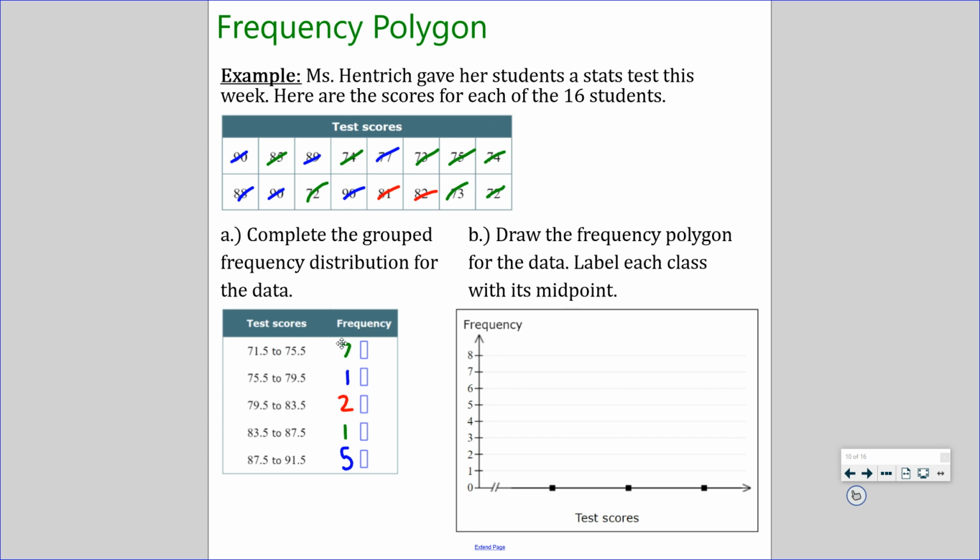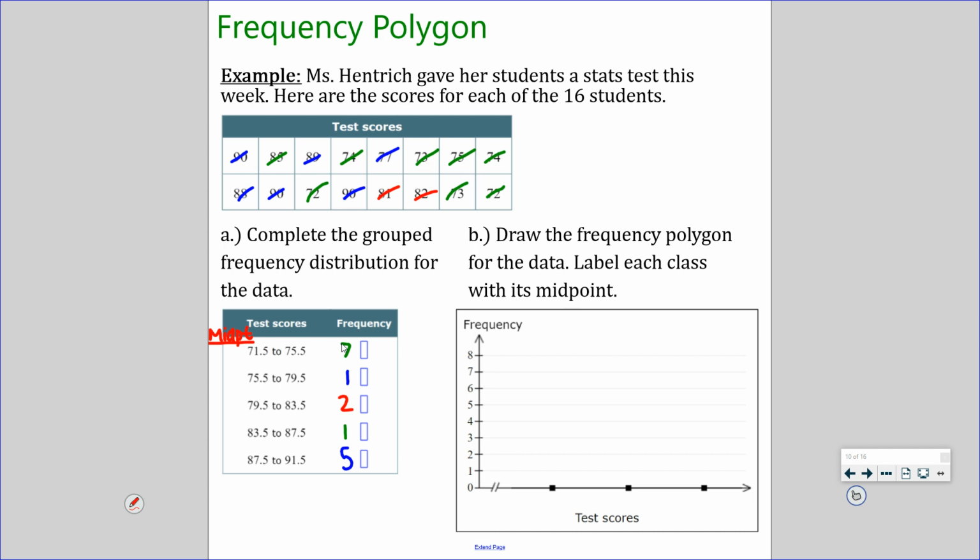Okay, so this says draw the frequency polygon for the data and label each class with its midpoint. So we're going to have to calculate the midpoint of each class. Remember, you just average the lower and the upper.